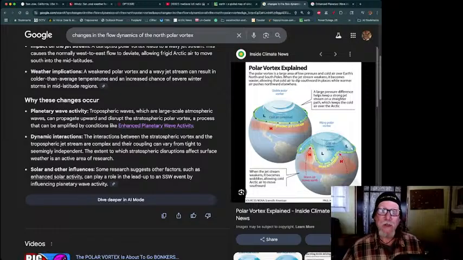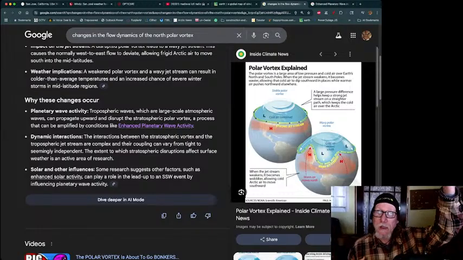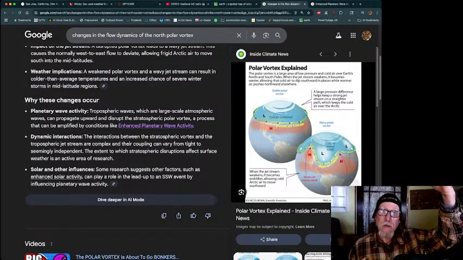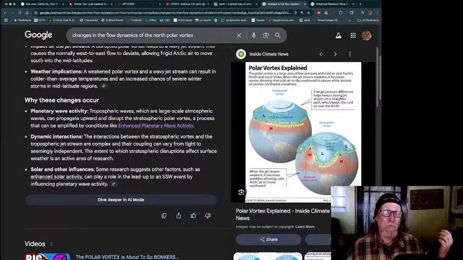And when that happens, there will be no impediment to cold air sliding off the North Pole into lower latitudes. You're not going to like that. You can't stop it. And warm air sliding north to replace it, melting ice. And you're not going to like that, but you can't stop it. Can't stop these things. Here we go, people.